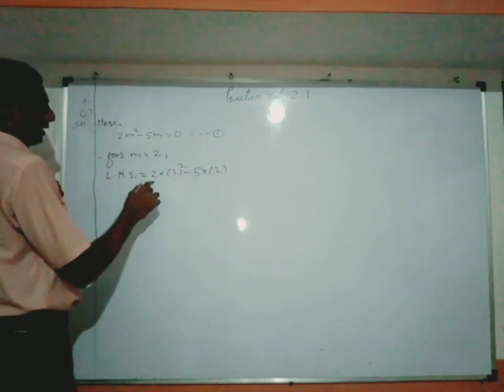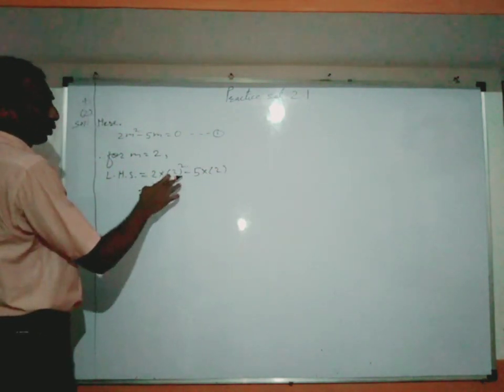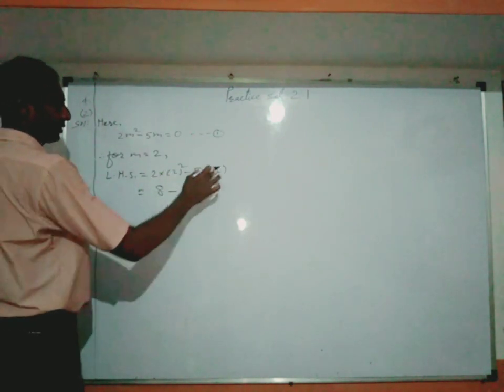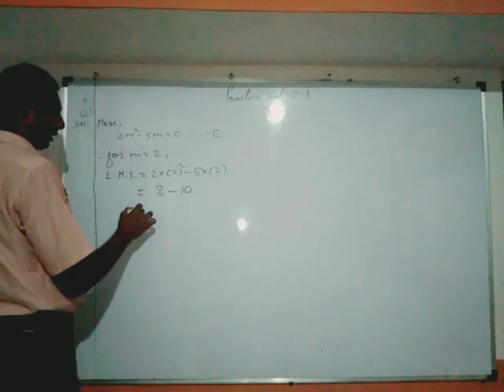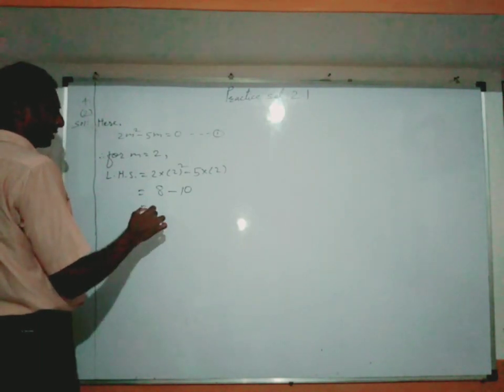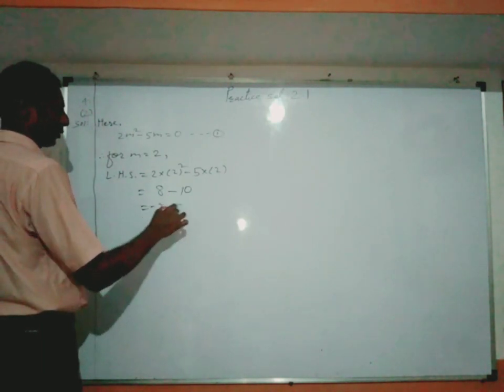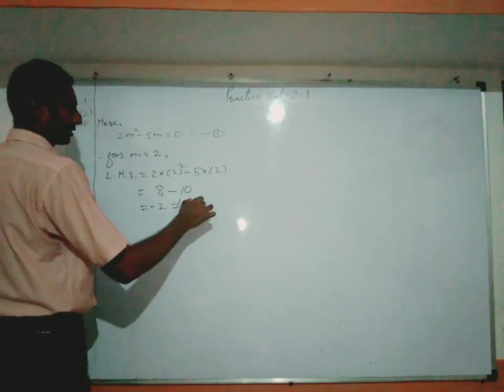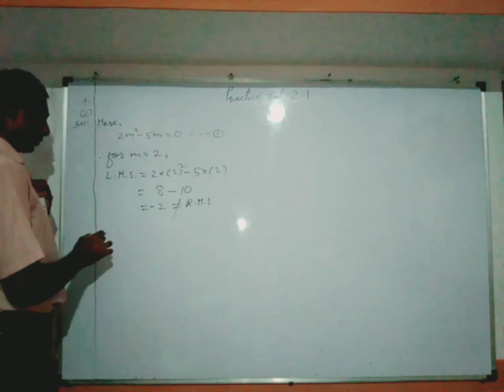The square of 2 is 4, 4 twos are 8, minus 5 twos are 10, 8 minus 10 is minus 2, which is not equal to RHS, because RHS here is 0.